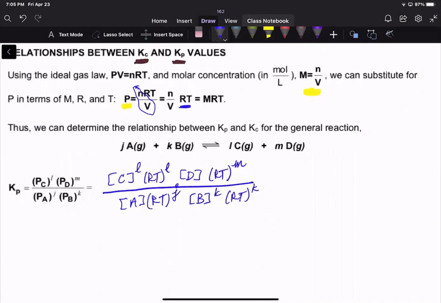So if we group those and we bring that Kc together, then let's see, maybe I should write that out in line.